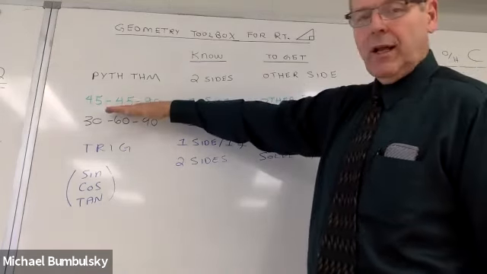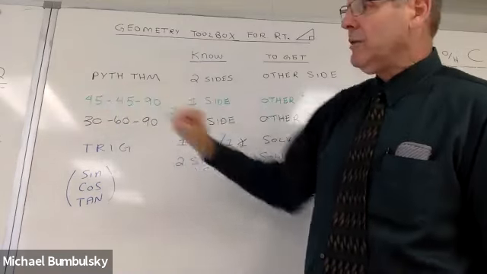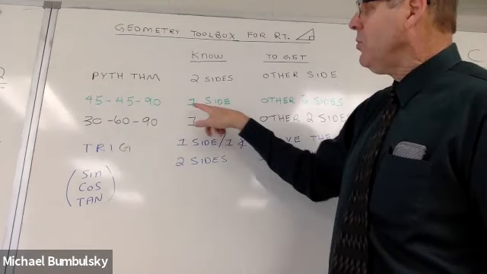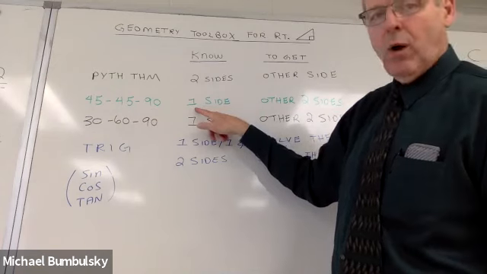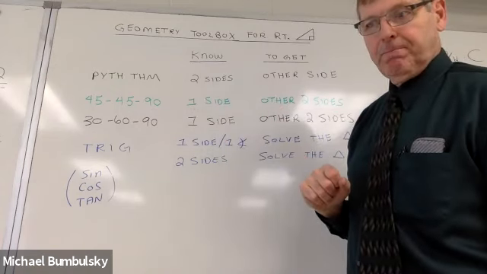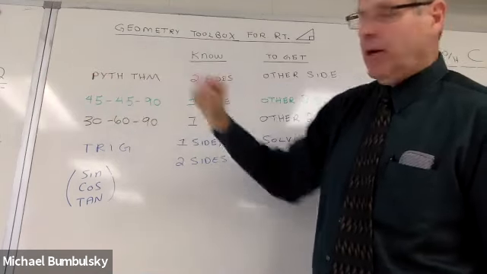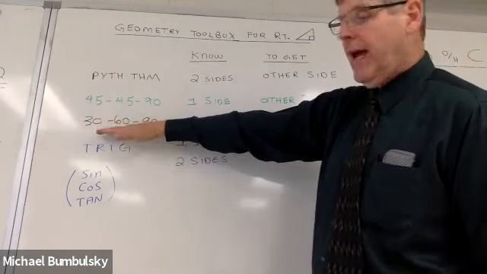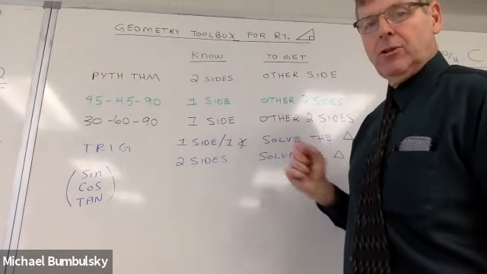From last week's classes, we also noticed the 45, 45, 90. Just like we talked about over there, if you know it's a 45, 45, 90, if you have one side, you can find the other two sides, right? If it's a 30, 60, 90 triangle, just like the other example we did over there, I know all the angles. If I know one side, I can find the other two sides.